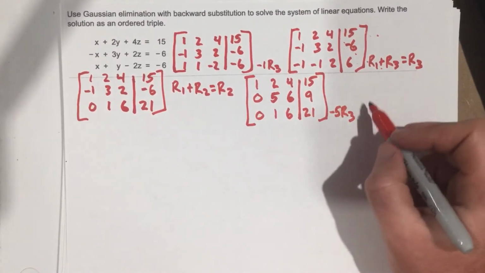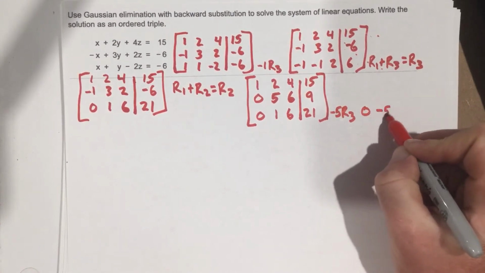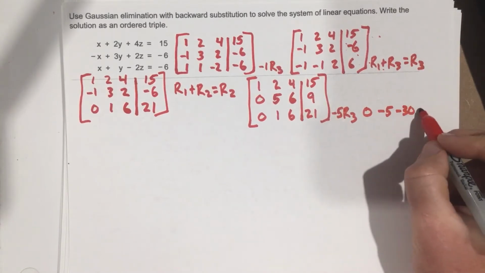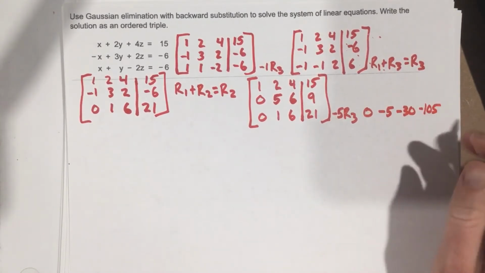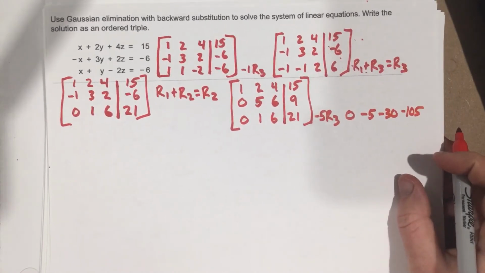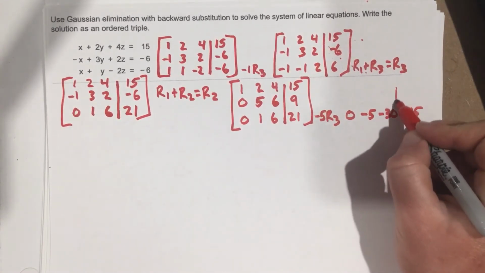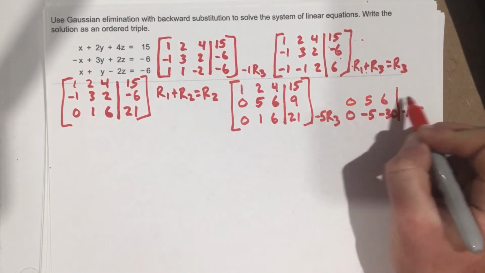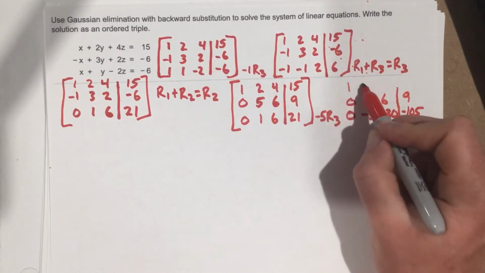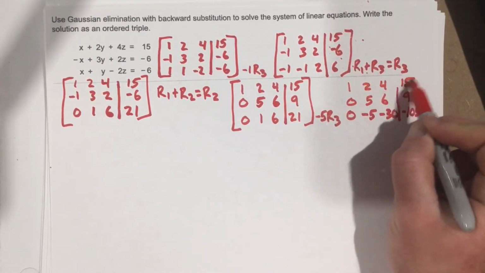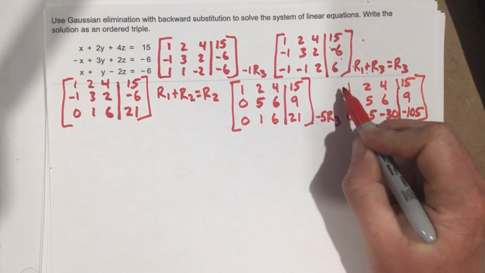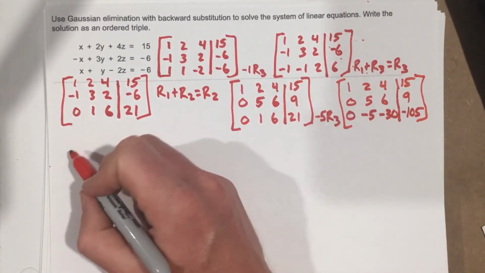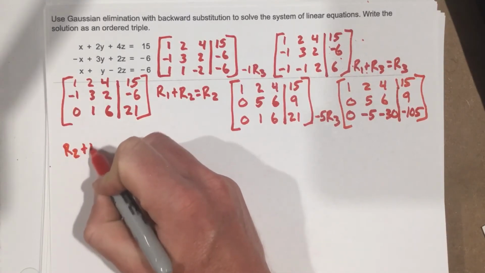So we're going to get 0, -5, -30. -5 times 21 would be -105. And then we'll get 0, 5, 6, 9, and 1, 2, 4, 15. Now we're going to take row 2, add it to row 3.